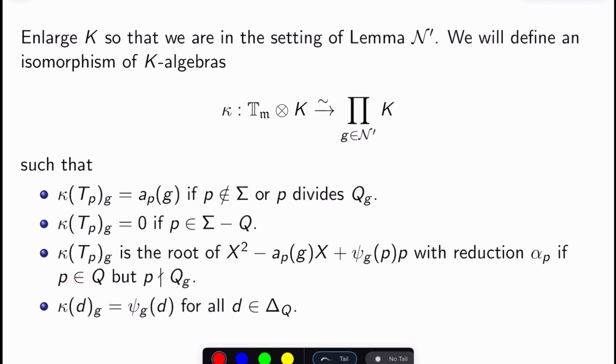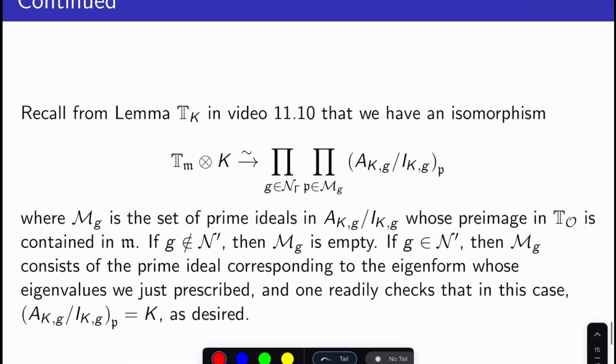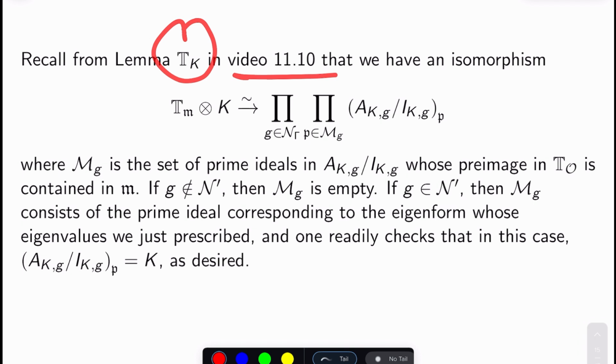Okay, so recall from lemma T sub K in video 11.10 that we already have the following isomorphism from T sub frak n tensor K to the product over newforms g in fancy N sub gamma of the product of elements frak p in fancy M sub g of A sub Kg mod I sub Kg localized at frak p.